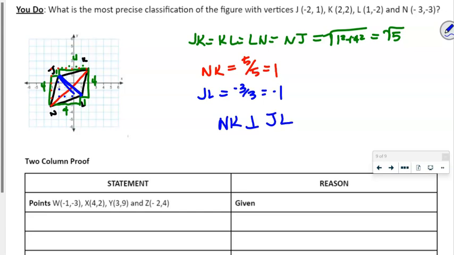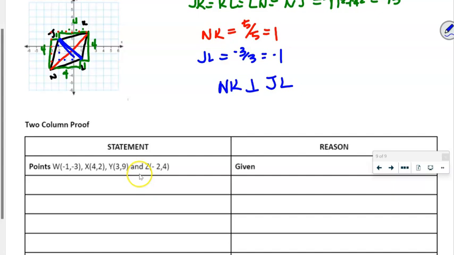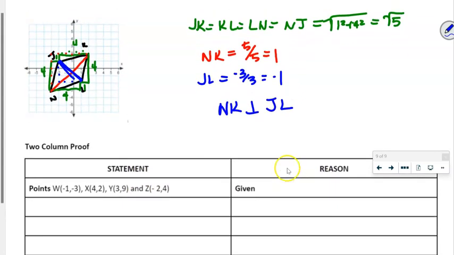So either one of those steps was enough, okay? So you could write either one you wanted down here in this statement. And what was the reason again? So what were we trying to prove? We were trying to prove here that all four sides were equal. Here we were trying to prove the diagonals are perpendicular. So I'm just going to say NK is perpendicular to JL, and the reason is, we're going to talk about slopes again, remember.